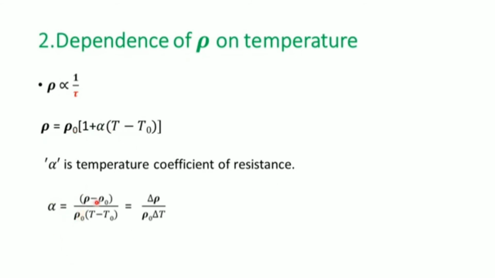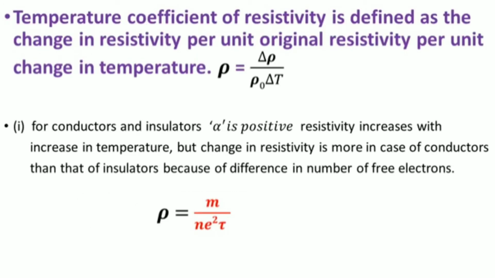By solving this we get alpha is equal to delta rho by rho naught delta T. So the temperature coefficient of resistivity is defined as the change in resistivity per unit original resistivity per unit change in temperature.